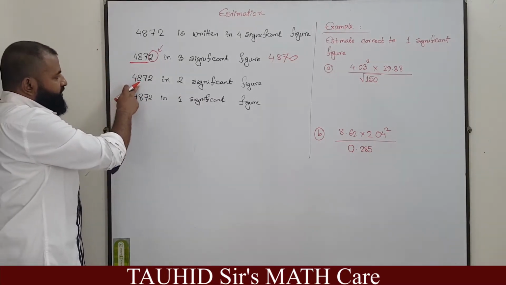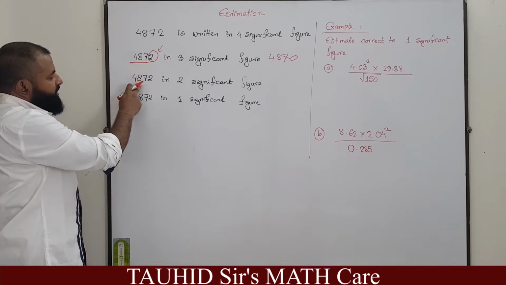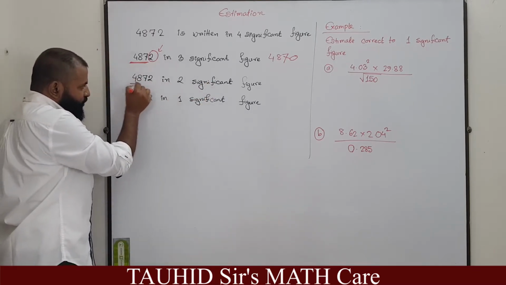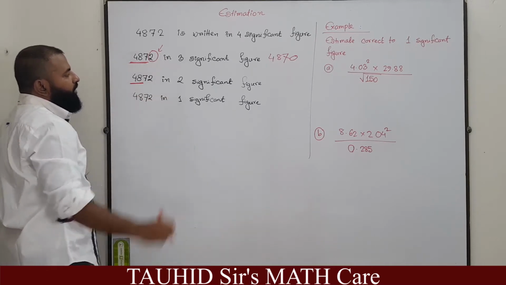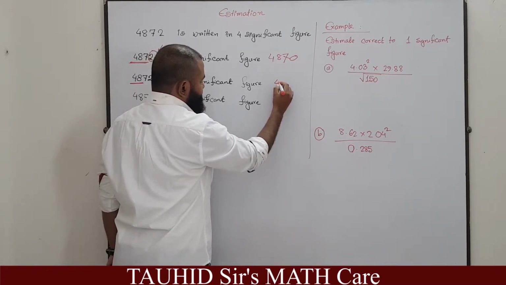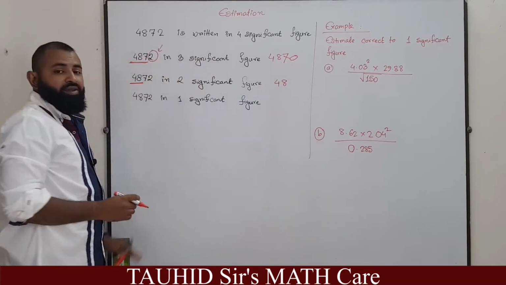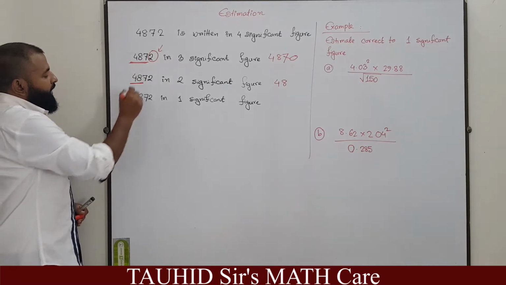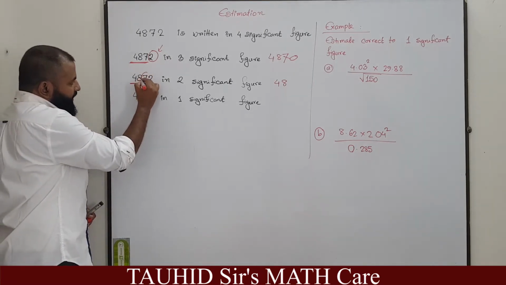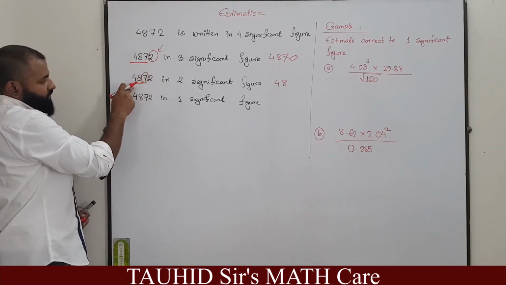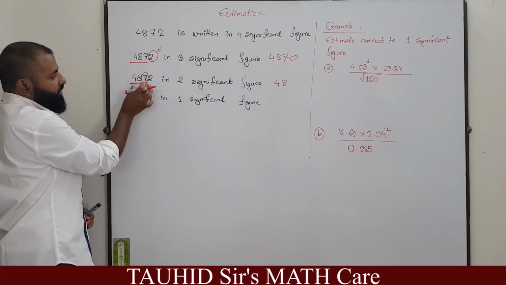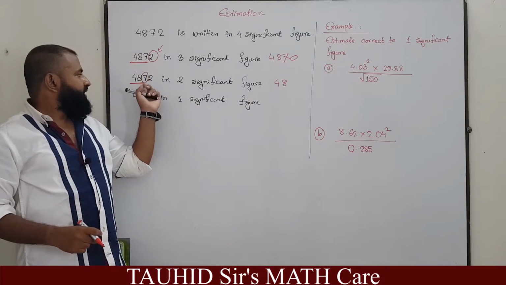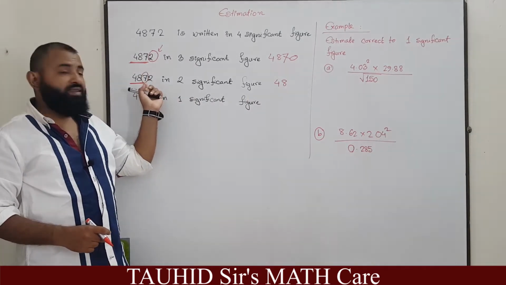Here you are asked to write 4872 in 2 significant figures. The first 2 figures we see here are 48, and the rest of the figures will be insignificant. You will check the number immediately after 8. We wrote 4, 8 as the 2 significant figures, and we are checking the third figure. This is 7.